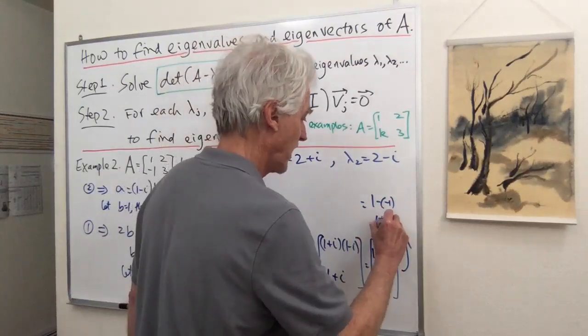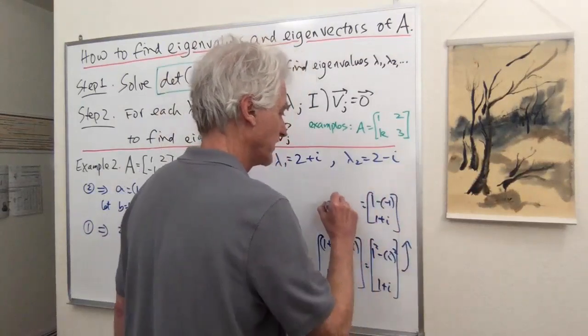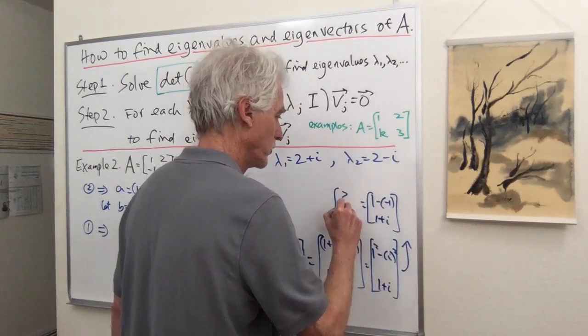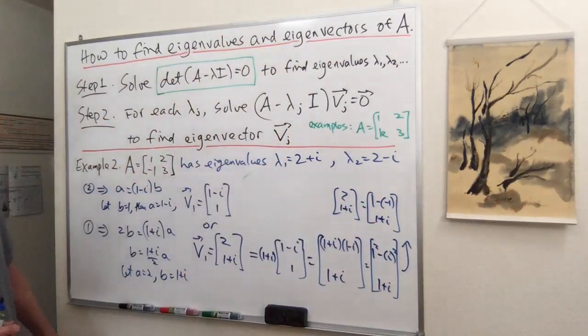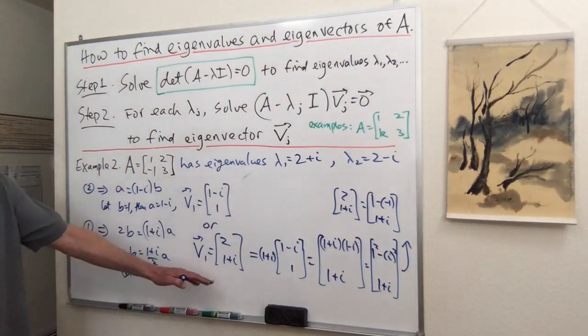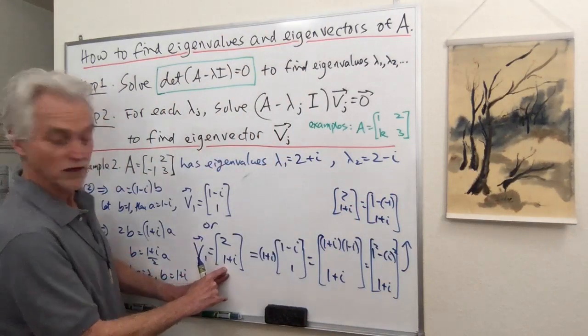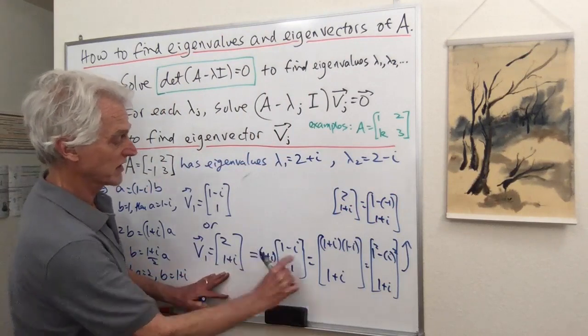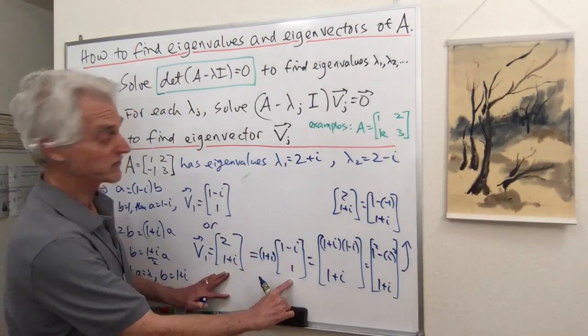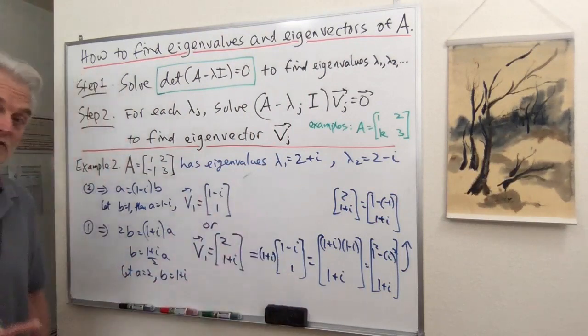So this is equal to (2, 1 plus i). So indeed, this second form of the eigenvector is 1 plus i times the first form of the eigenvector. They're just scalar multiples of each other.